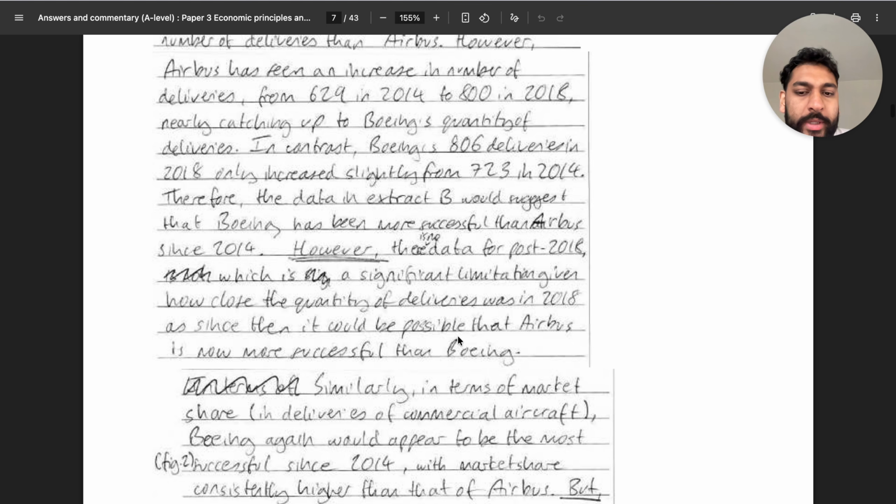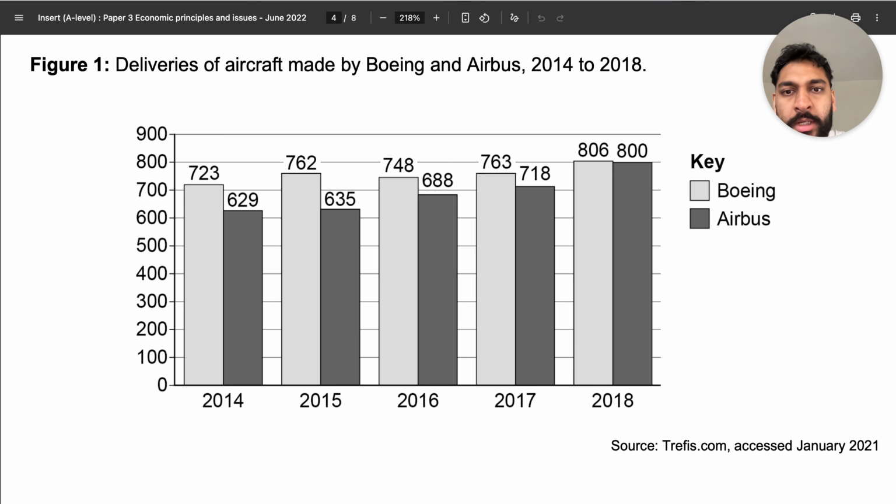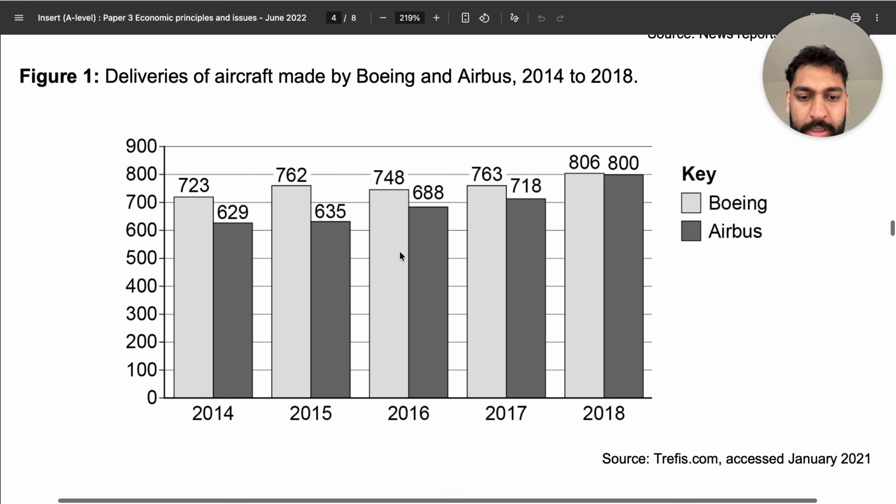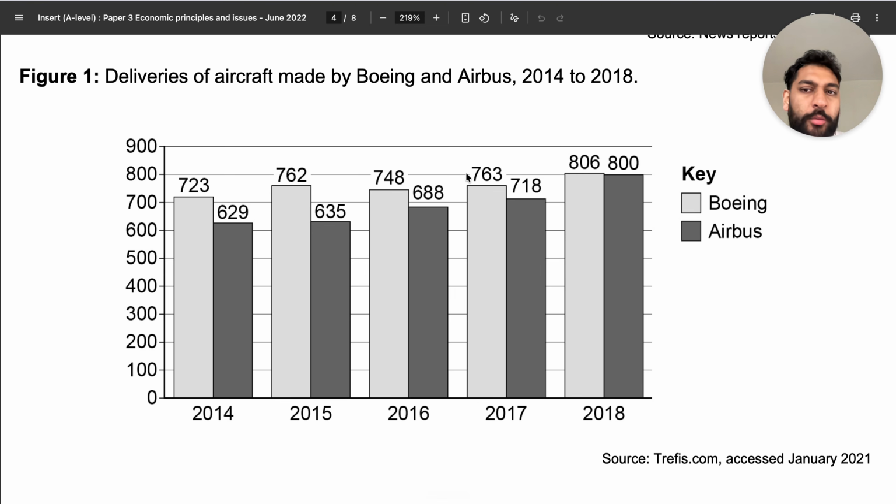And therefore, we can't conclude that Airbus is currently more successful than Boeing, or whichever, we don't know, right? I think I would keep it as simple as possible. If you wanted to, you could also go into a bit more detail. It doesn't show where the deliveries are, the value of the deliveries, and so on, but I really wouldn't overcomplicate it.